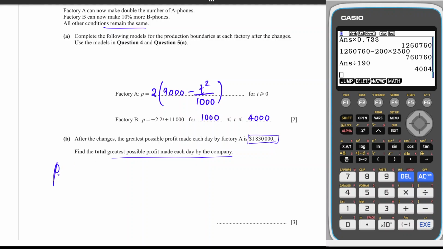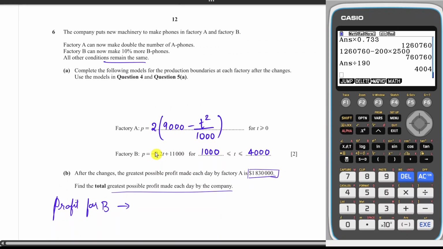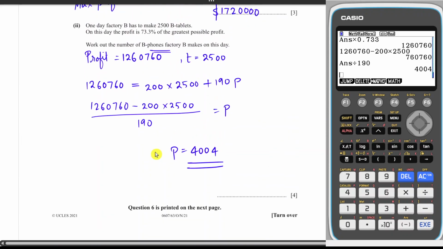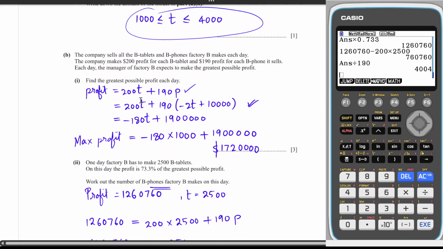Okay, so profit for B. Now the profit for B we had seen earlier. What was the formula? That was 200T plus 190P. Okay, so this P has changed here.